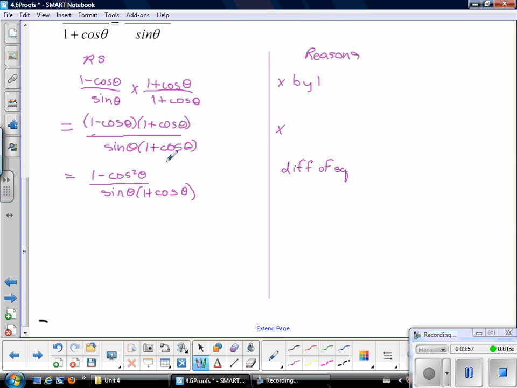Now I recognize this top as being the Pythagorean identity, the one that said sine squared theta equals. So I'm going to replace this then. So this is actually sine squared theta.